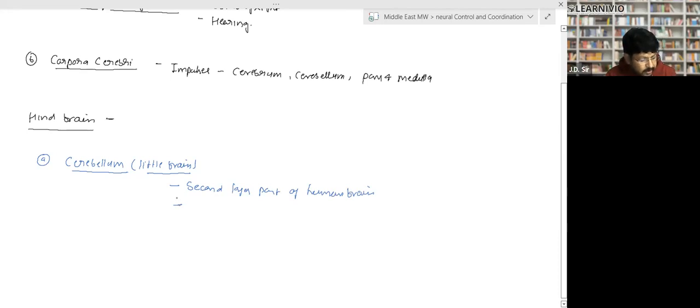It is well developed in humans and divided into two parts.